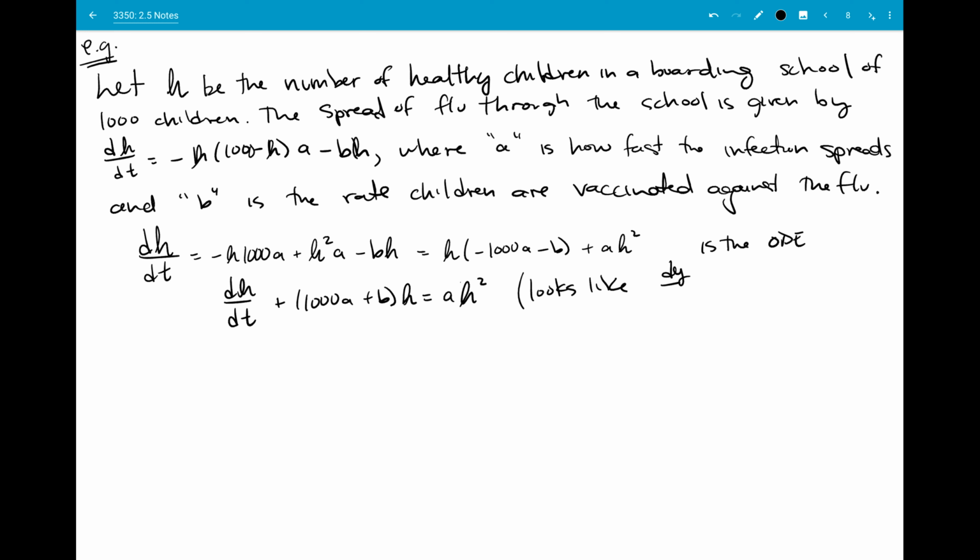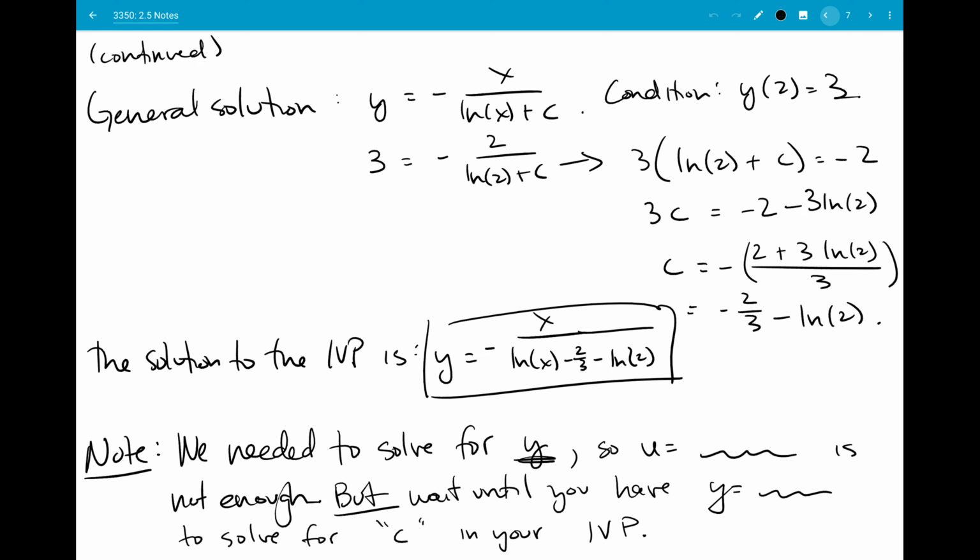And then this looks like dy/dx plus p times y is equal to f times y to the n, with f being a, p being 1,000a plus b, and then most importantly, this 2 is our n value.